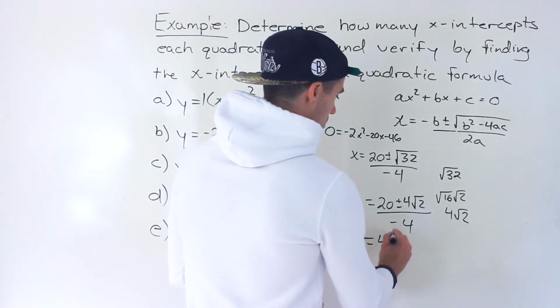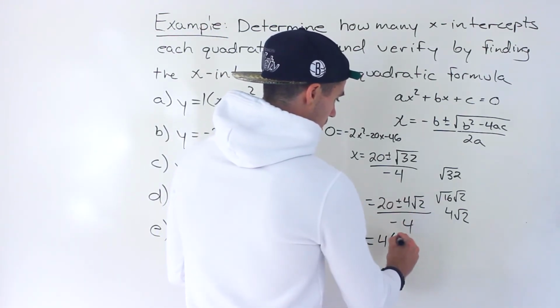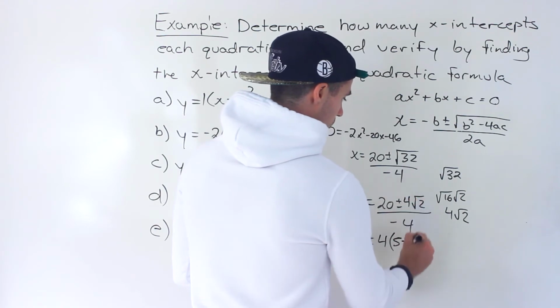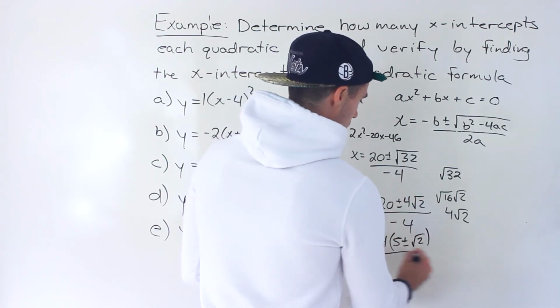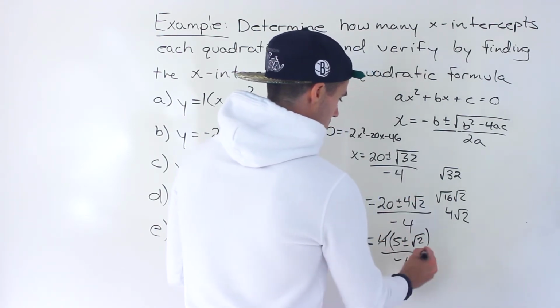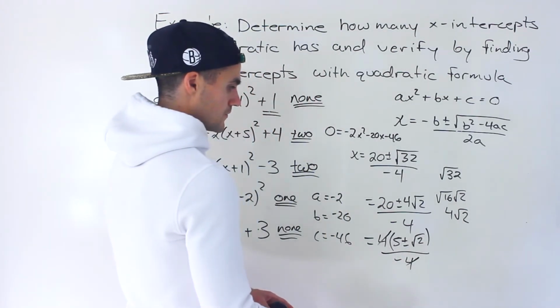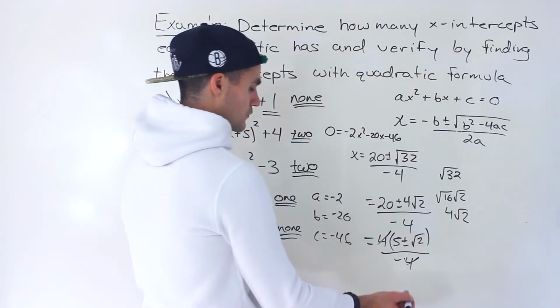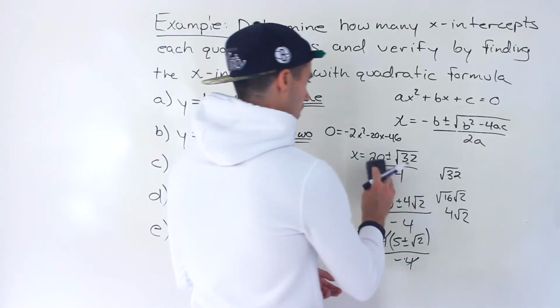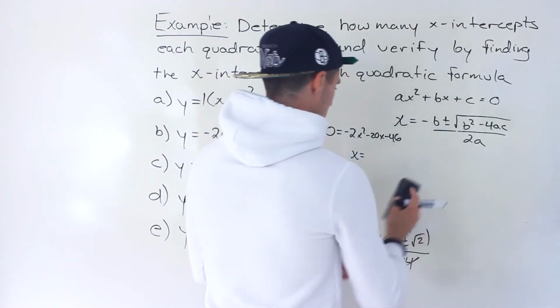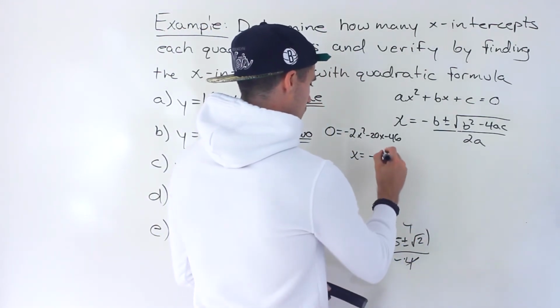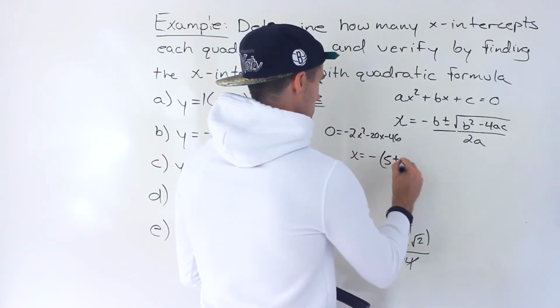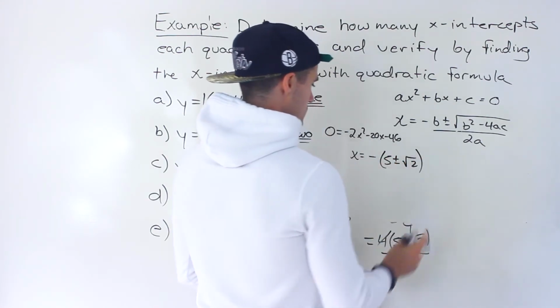So we'll have 4, take out a 4 from the top, plus or minus, there's like a 1 left here, and then we got the root 2 left, over negative 4, notice this, and that cancel out. And so we're just left with a negative 1 at the bottom. We can bring the negative up, and so we end up with negative 5 plus or minus root 2, like that.